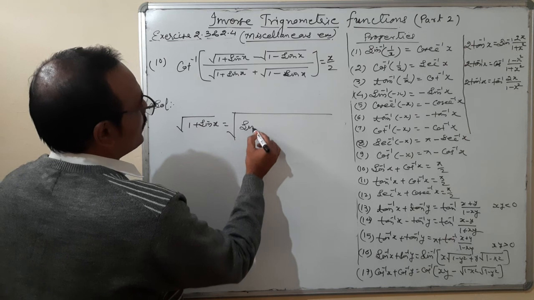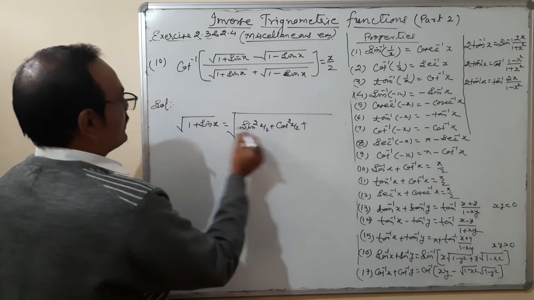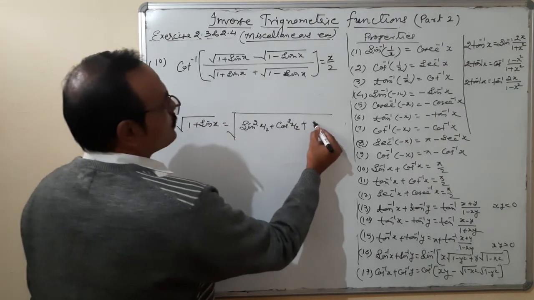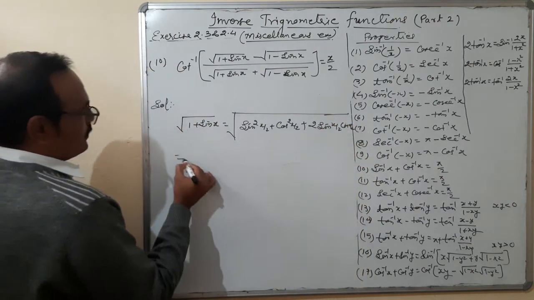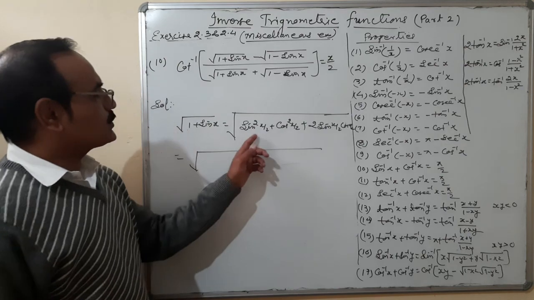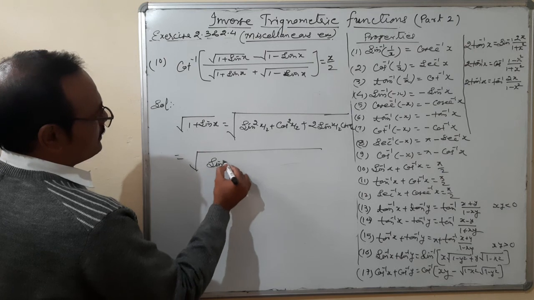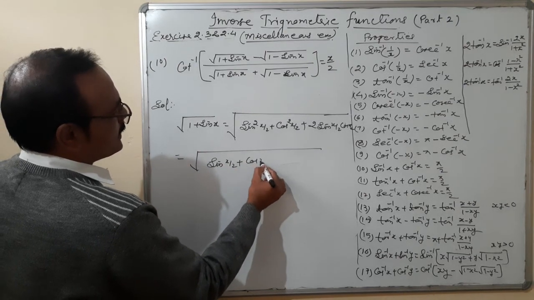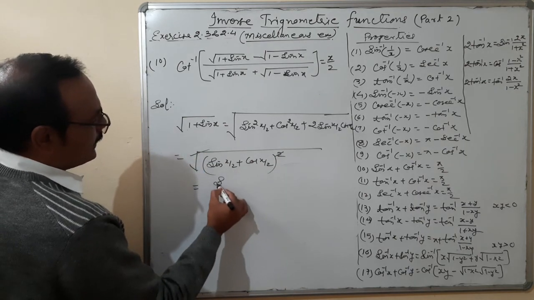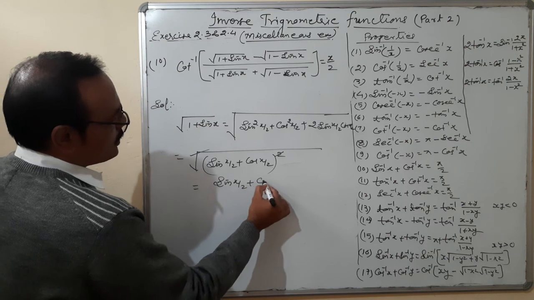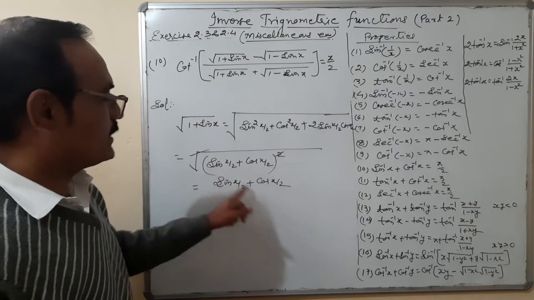So when I write sin square x by 2 plus cos square x by 2, the value of 1 plus sin x can be written with 2 sin x by 2 cos x by 2. That means a square plus b square plus 2ab, that means it is a plus b whole square. It means sin x by 2 plus cos x by 2 whole square. And by this whole square, this root is cancelled. It is sin x by 2 plus cos x by 2. So that means we can free this root term by this method.